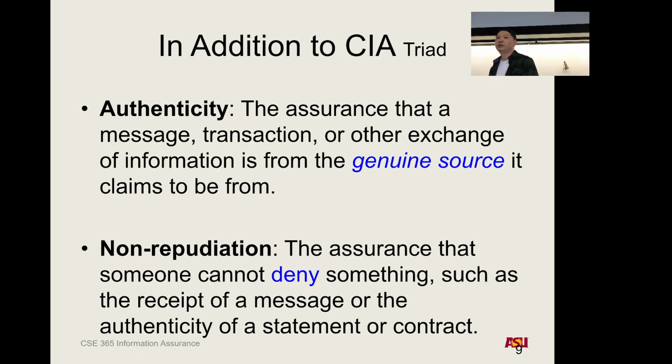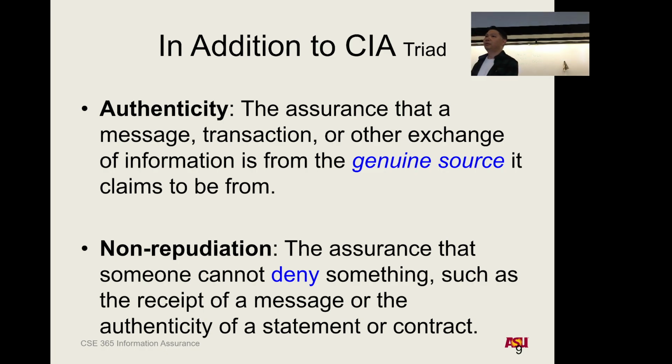In a network, the source, sender, and destination, receiver, are real users. So authenticity gives us the genuineness of data and information. The last one is non-repudiation. What is that?